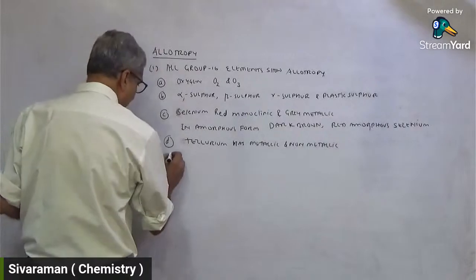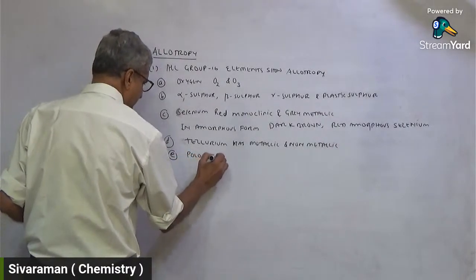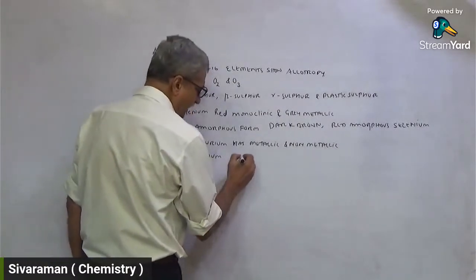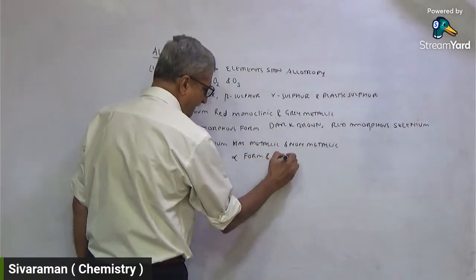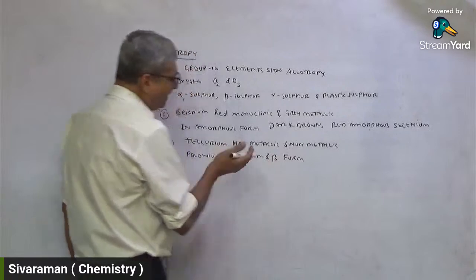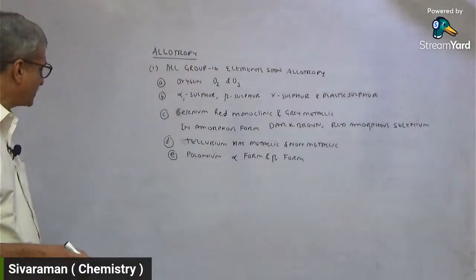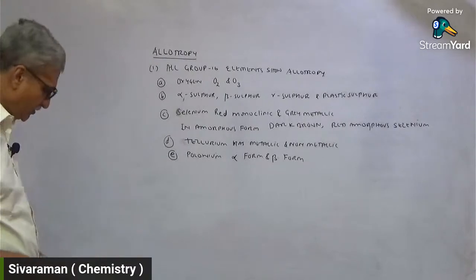Okay. Of course, polonium. Polonium is what? Alpha form and beta form. So any permutation and combination can be a question over here. It is clear. So maybe this is something you have to know.